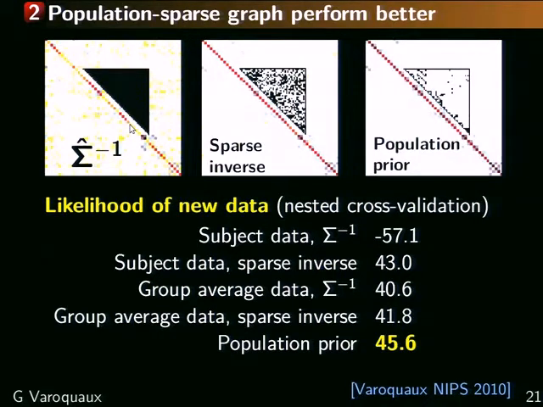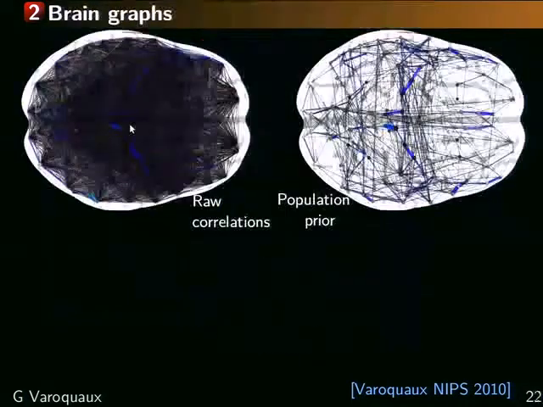So we can look at the likelihood of new data. We leave out data and try to see if it fits our model. We can see that basically the maximum likelihood estimate really doesn't work well, and this is of no surprise. The reason is that we don't have many samples to estimate these graphs. If we had plenty, it would work really well, but we actually have something like 200 observations per subject.